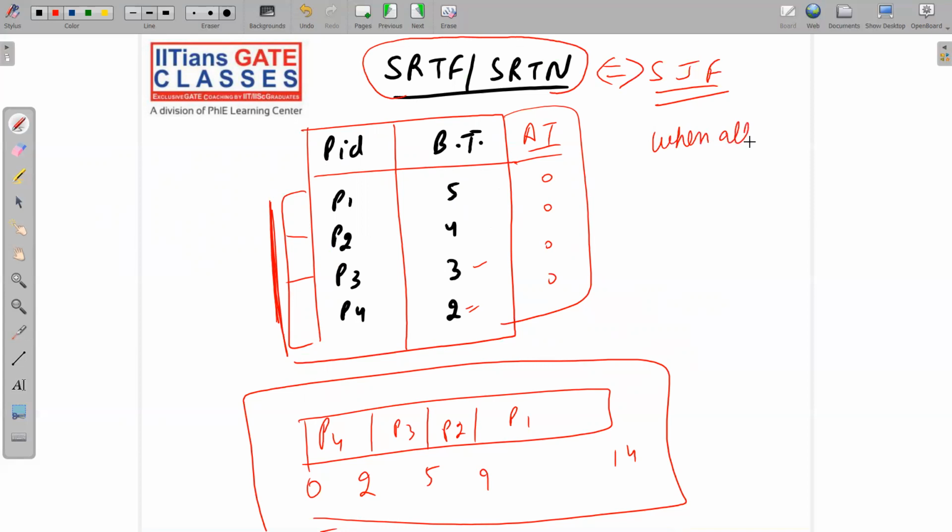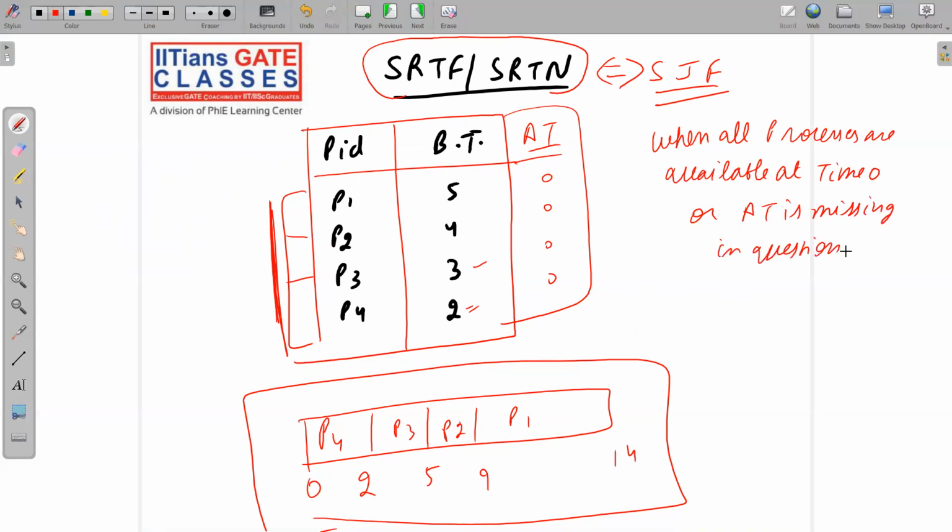When all processes are available at time 0, or arrival time is missing in the question, then your SRTF or SRTN will behave the same as your SJF.